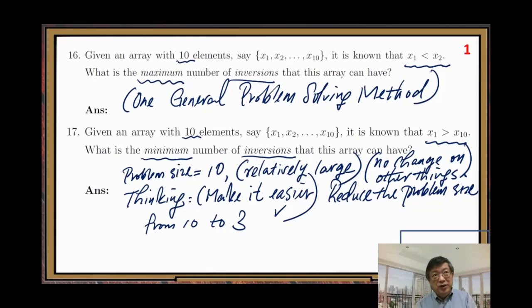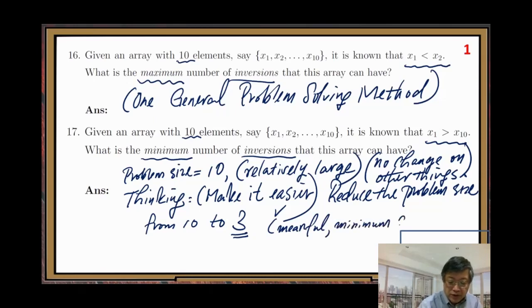We need to keep something to work on. So that's the reason we changed to n equals 3, not 2. So here we use the meaningful minimum case.